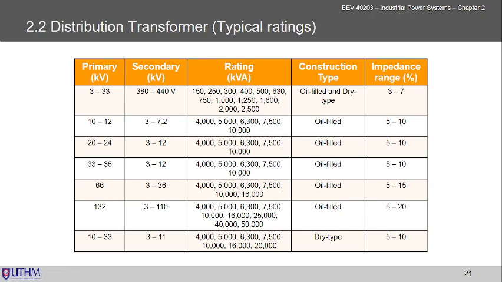The lower the impedance range, the more expensive the transformer. Why? Because when you have a lower impedance, your short circuit capacity is higher. So it is a good thing when you have the higher short circuit capacity. Okay?